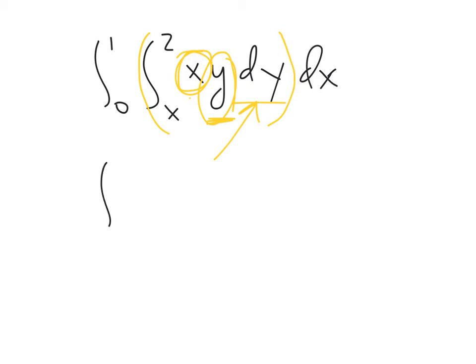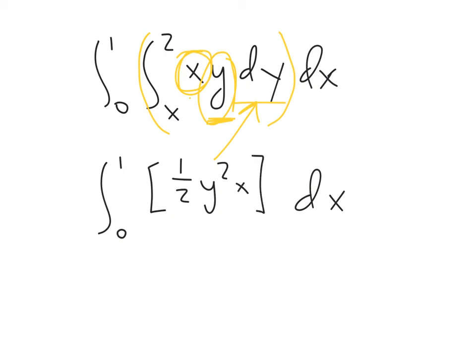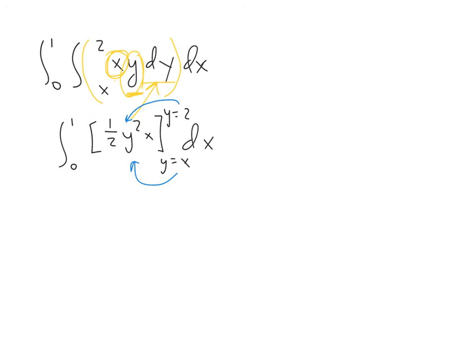So the outer integral isn't changing, but that inner integral, we've just done it, and we got 1/2 y squared x, that constant, from y equals x to y equals 2. And to complete the integration process, we plug these in. So we have the integral from 0 to 1 dx.